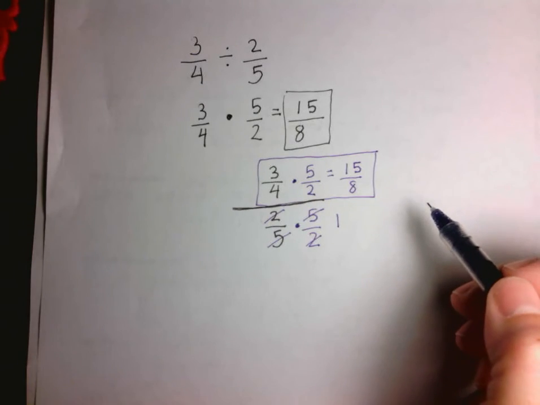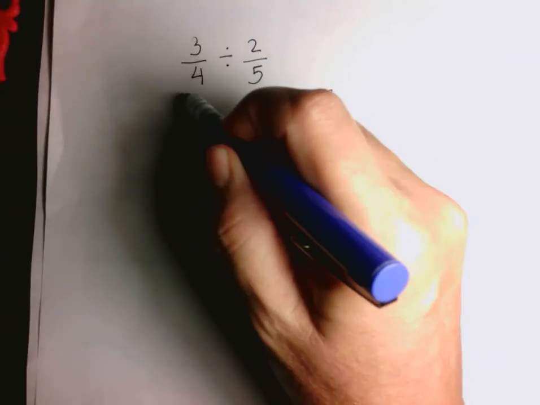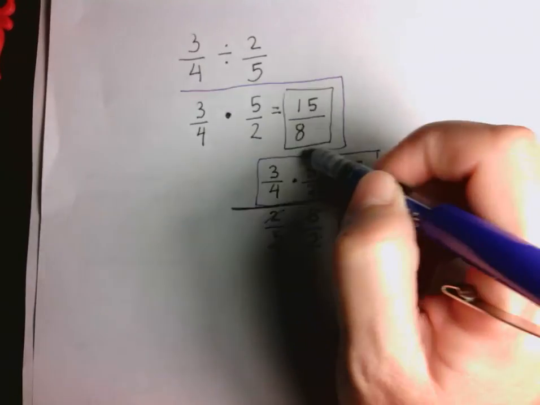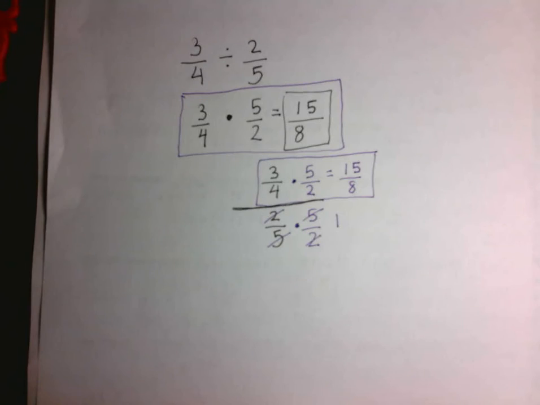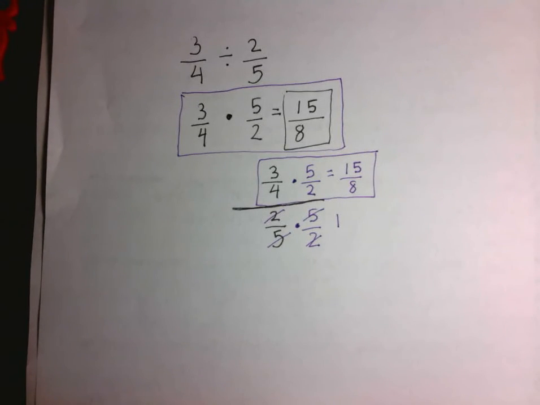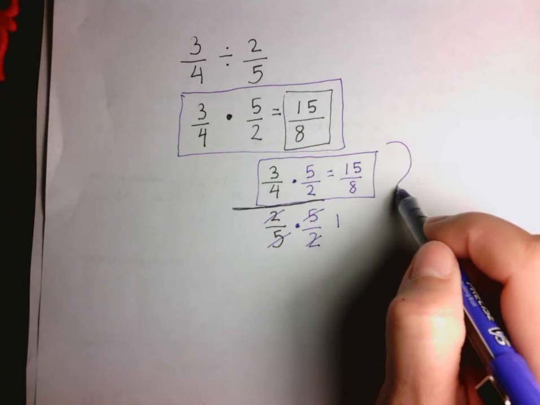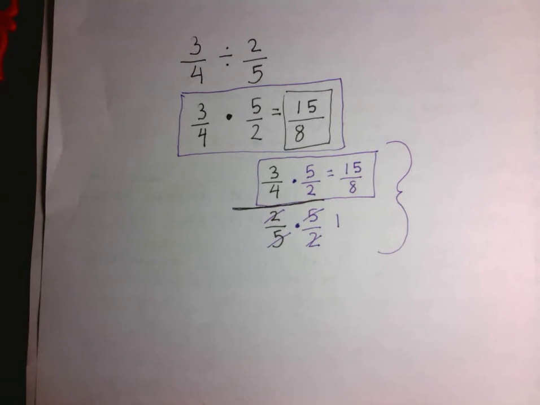And so you can see where this keep, change, flip comes from. This is the explanation for why, when you're dividing fractions, you're multiplying by the reciprocal.